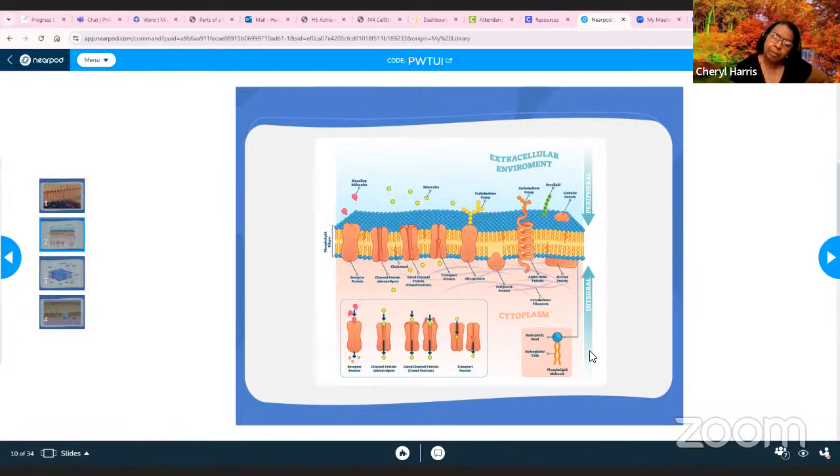And again, in the bottom corner, they showed you the hydrophobic and hydrophilic ends of the molecule, and again it shows you where it fits in the cell membrane.